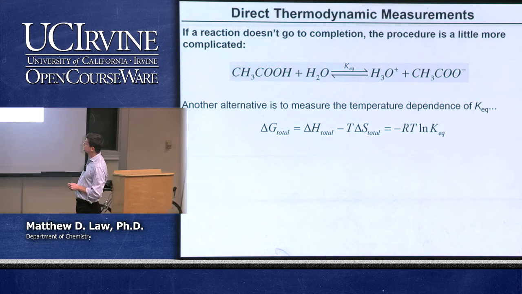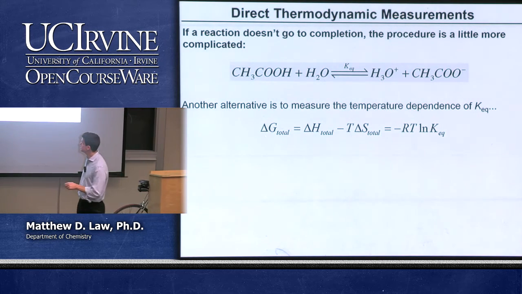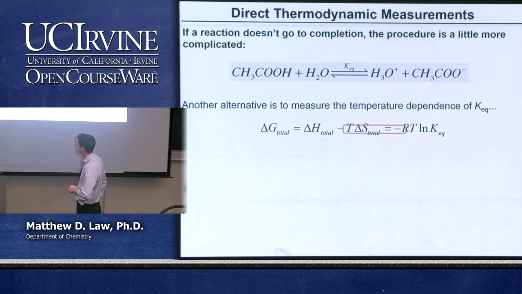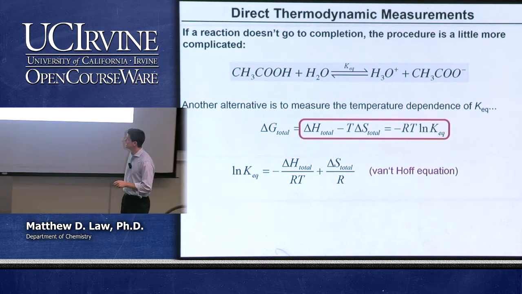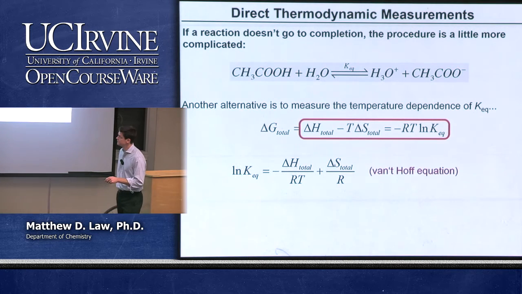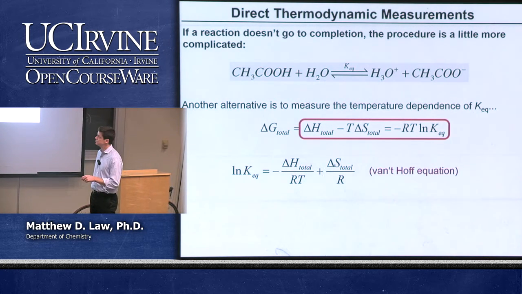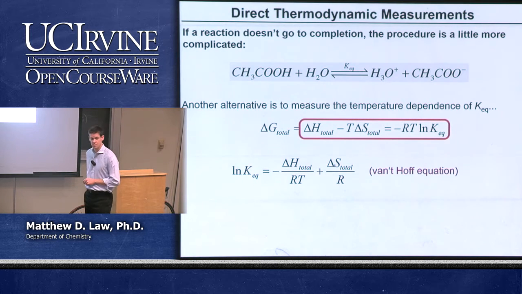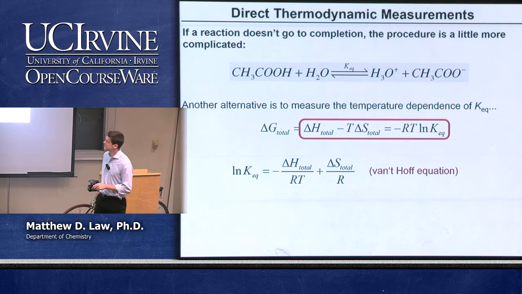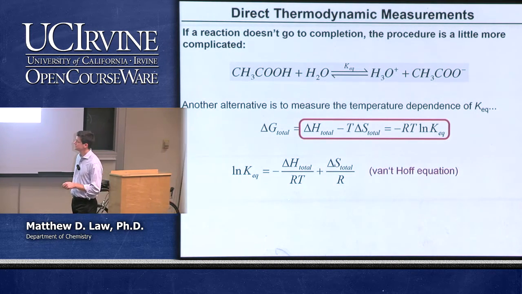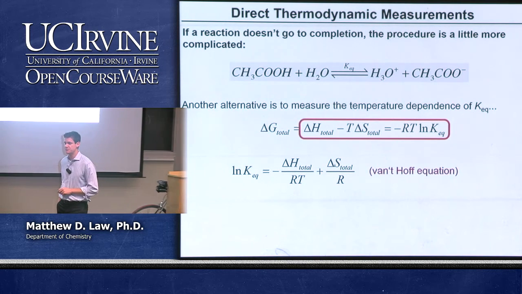And Van't Hoff's equation is just a rearrangement of this delta G to K expression. So we rearrange so that we have an equation for ln of K. It's equal to negative delta H over RT plus delta S over R. And you can see that this is a nice linear equation now. This is called Van't Hoff's equation, if you remember.